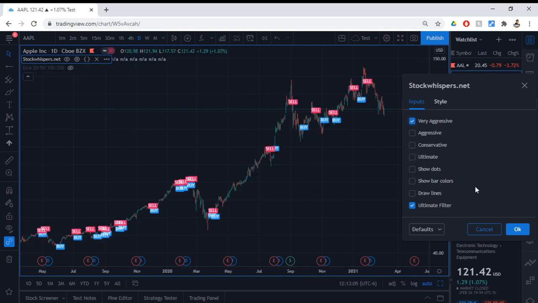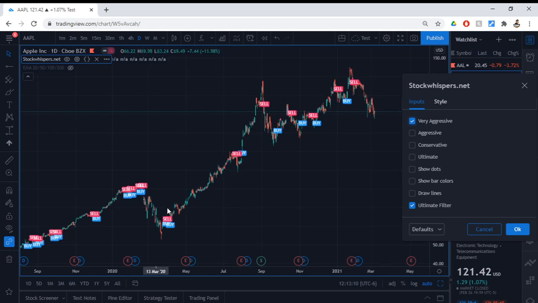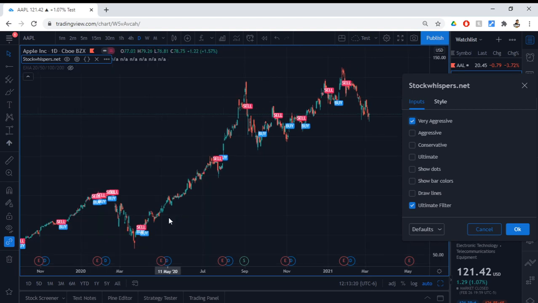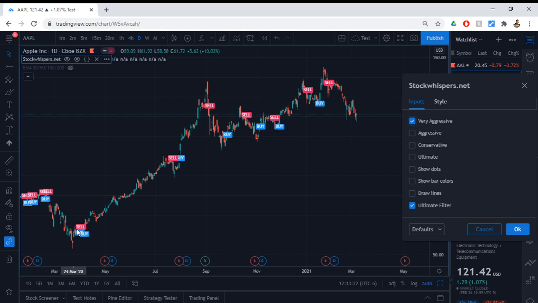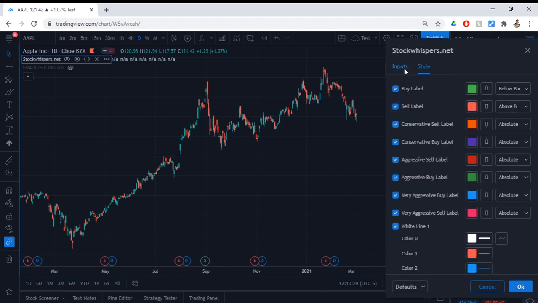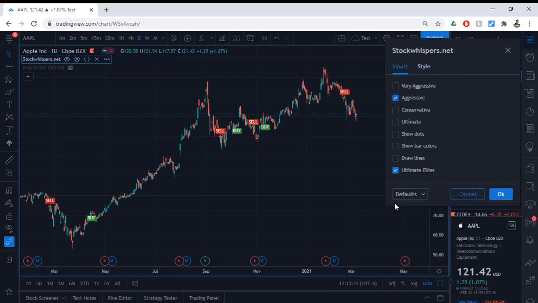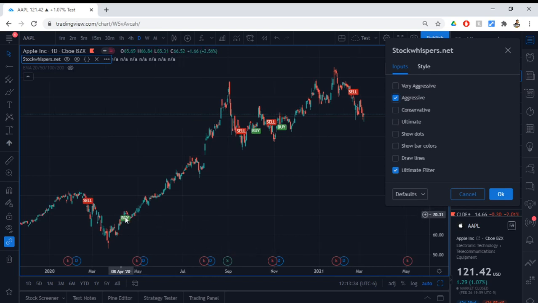So based on the very aggressive, does this look good to you? The very aggressive is going to get you into the trade earlier, but it's going to be more sensitive. So it's going to be more risky, right? Because it's more sensitive, you get a sell here, you get a sell there, you get a sell there. If you're using the aggressive, it's going to get you into the trade a little bit later, and it's looking a little bit more reliable.